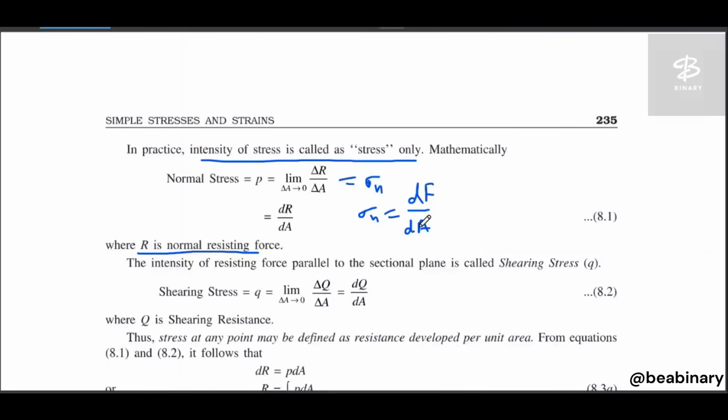The intensity of resisting force applied parallel to the plane is called shearing stress.